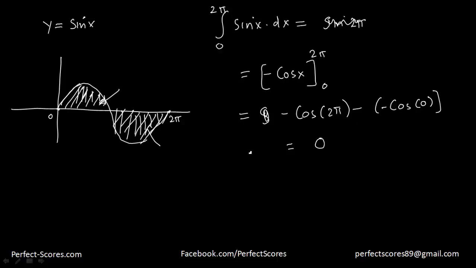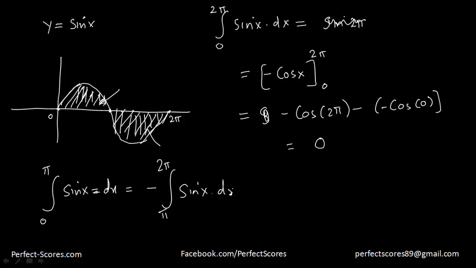However, that is wrong. Why? Because as you can see, the area is not 0, there is some area under the curve. From 0 all the way till this point over here, which is 180 degrees, the integral from 0 to pi of sine x is actually equal to the negative of the integral from pi to 2 pi of sine x.